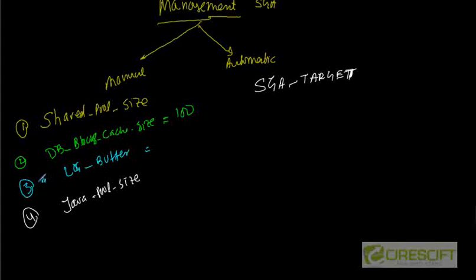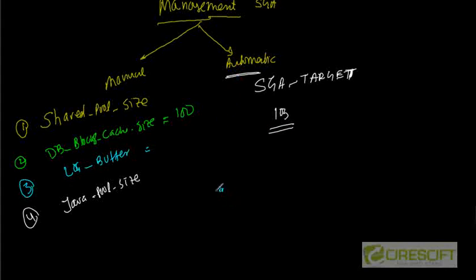That means when the database is up and running, if we have assigned log buffer a big value but are not really using it, or we assigned a Java pool size but never use any Java, in that case, if you set those things in automatic mode, Oracle is going to make sure they are tuned properly during runtime. Starting from the Oracle 10g release, you can manage this by using automatic mode, which is the preferred way.